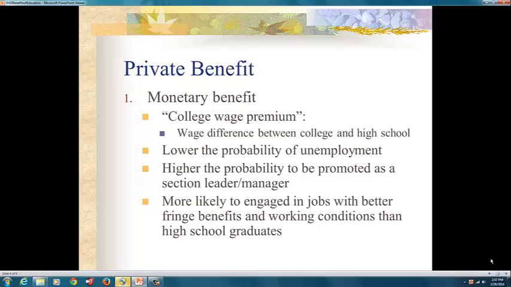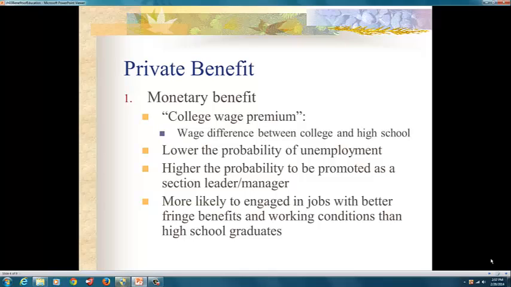More likely to be engaged in jobs with better fringe benefits as well and working conditions than that of the high school graduate. So, in other words, the university graduate tends to enjoy more monetary benefits than the secondary school graduate. No surprise there, is it?